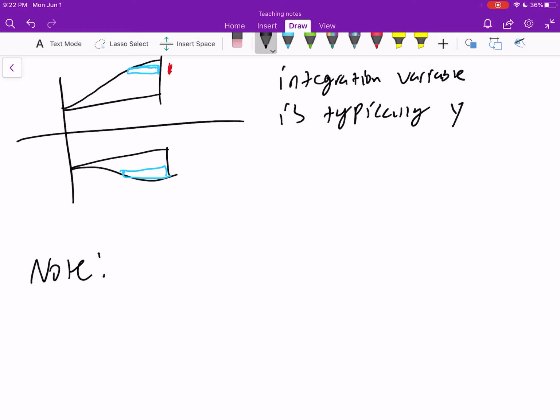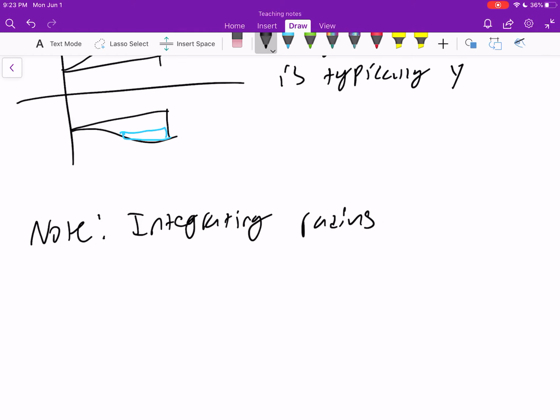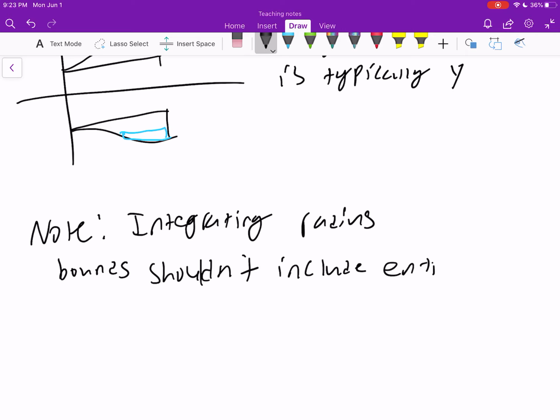All of these things, I'm integrating something to do with the radius. So I'm integrating in terms of a radius. So my bounds should only go over part of it. It shouldn't include the entire solid. That might sound weird.